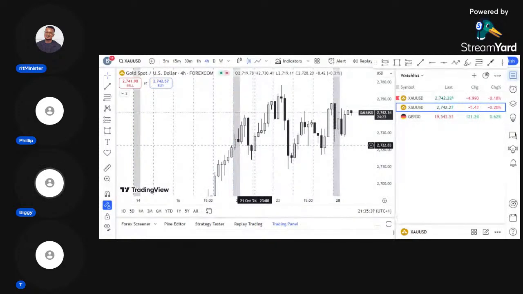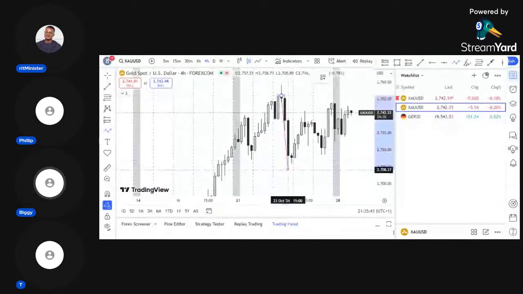This movement here is the external structure on gold, and all these other ones here are internal structures. But overall, we are in a reversal phase on gold, which means looking for sells alone.